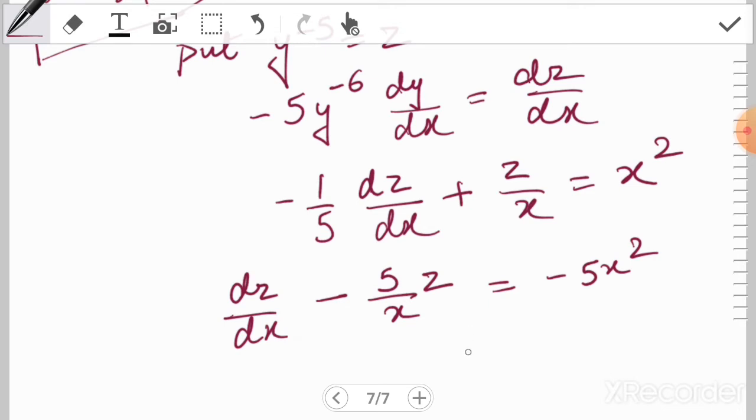So now the integrating factor is e raised to the power integral p dx.